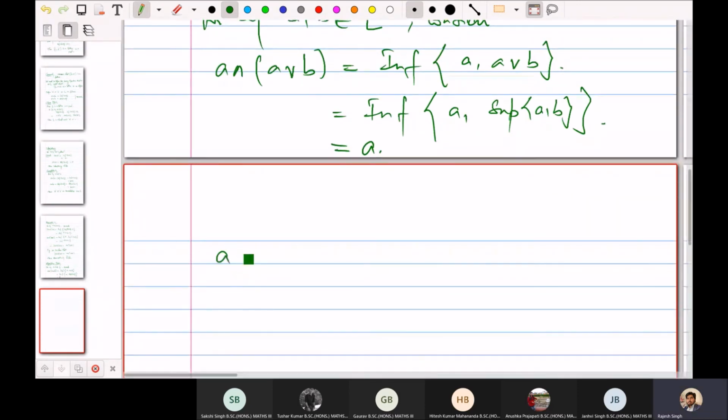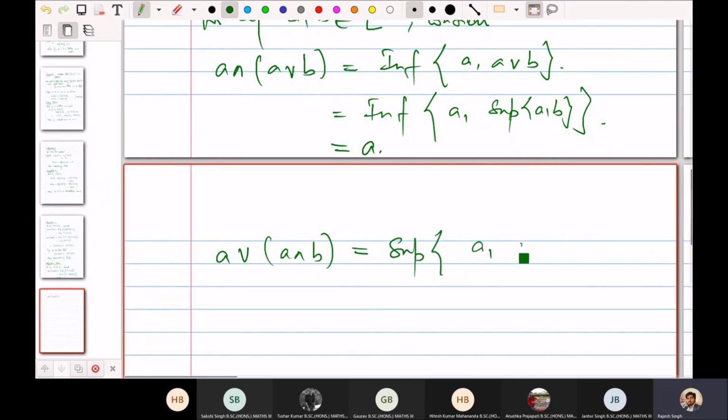Similarly, when you will do this A cup A cap B, so this will also come out to be supremum of A cap B, which is supremum of A infimum of AB.